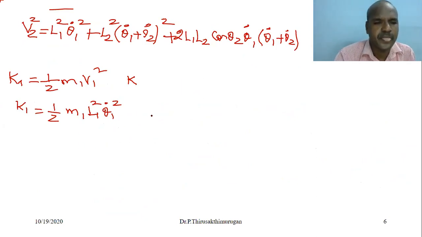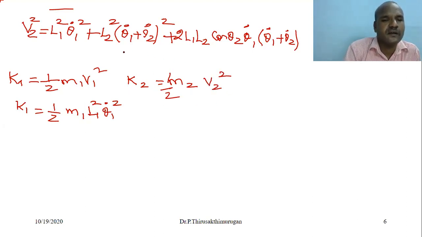This is V1 square. Similarly, K2 equal to half M2 V2 square. You substitute this V2 square here, so you will be getting the K2 value.